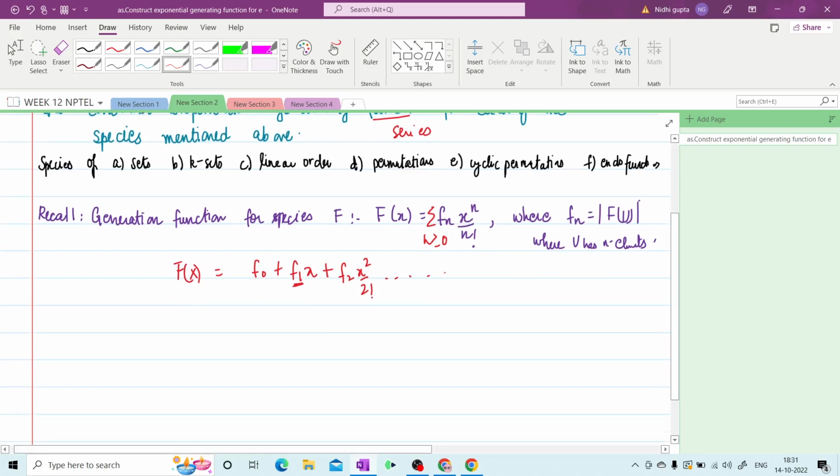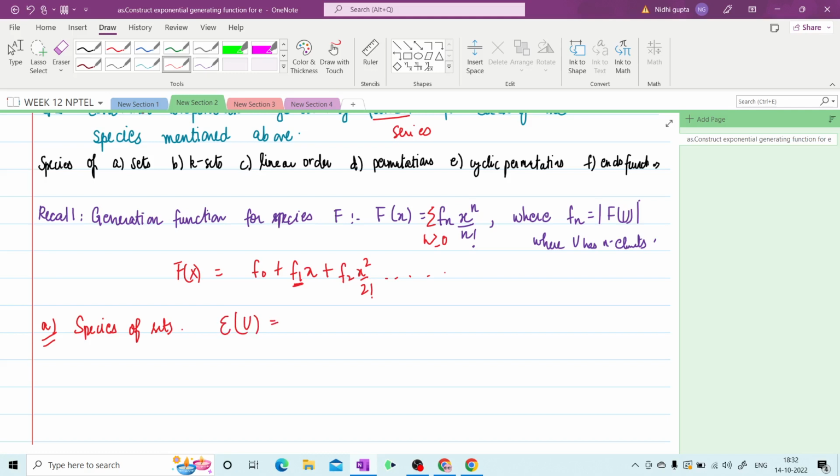So let's construct this. First was the species of sets. Here we were sending u to a singleton set with one element u. So we see that the order of epsilon u is equal to 1 for all u.